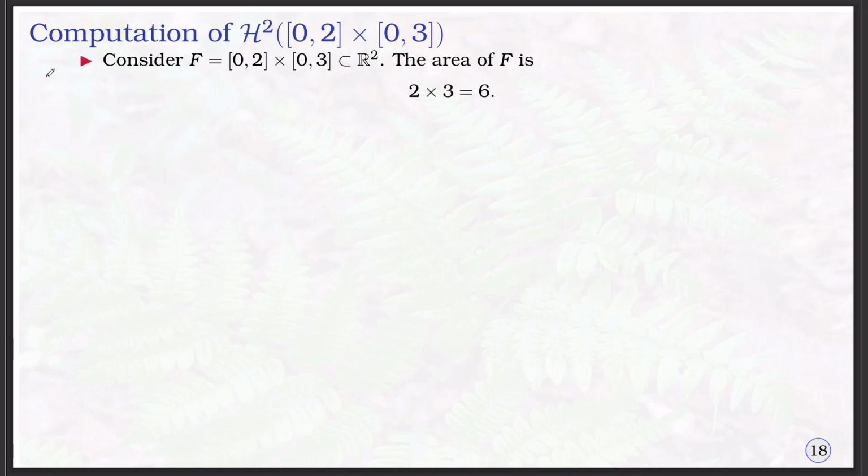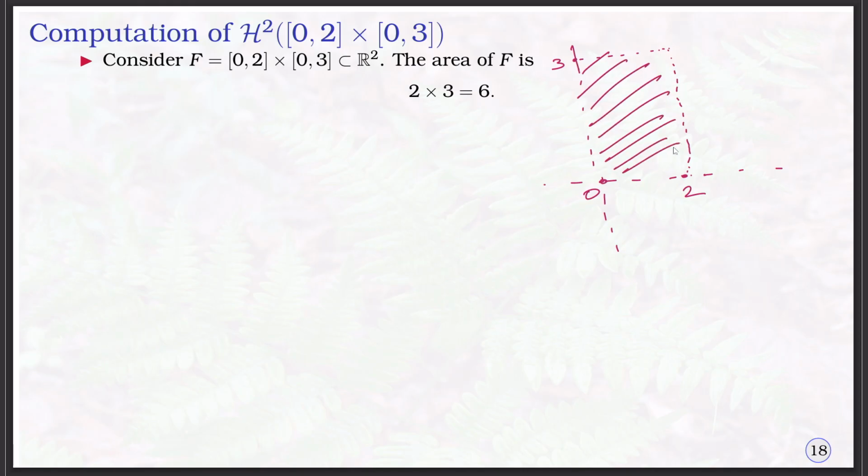Now, in R power 2, we can take a rectangular grid. That means we can take this rectangular grid with sides 2 and 3, this region.